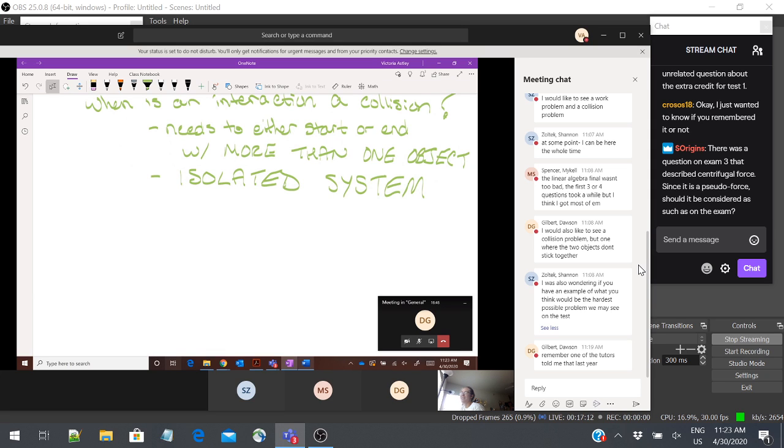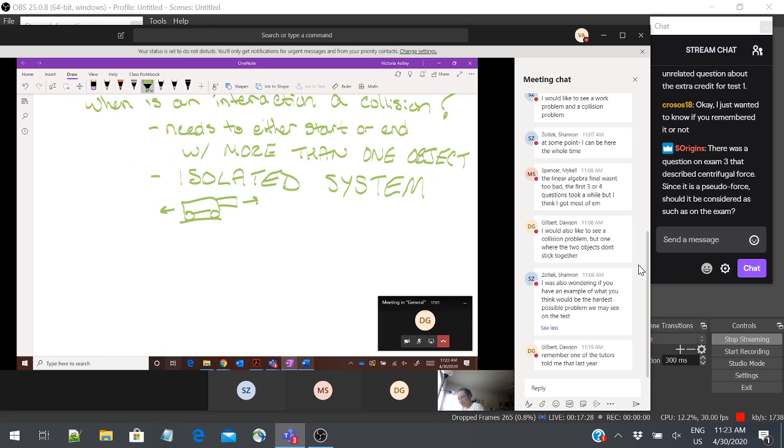The example I think of is a cannon. If you have a cannon on wheels, it's going to roll backward, right?